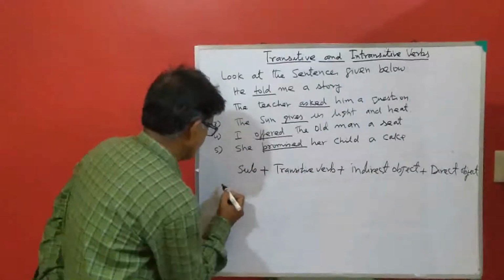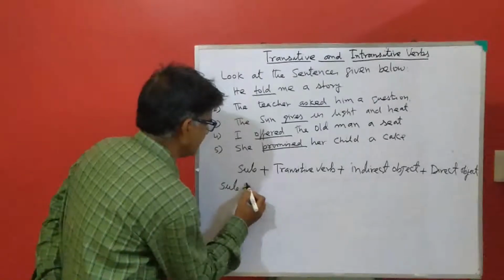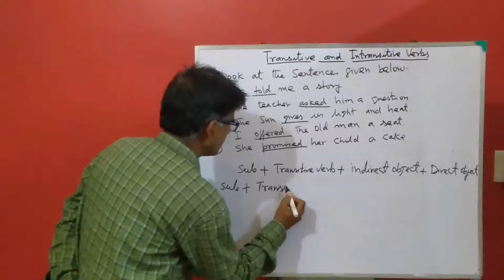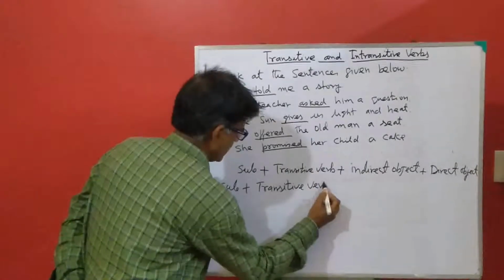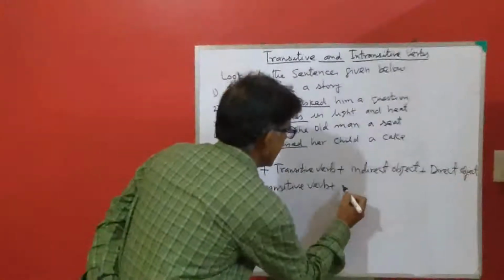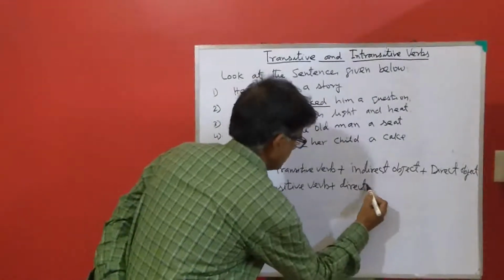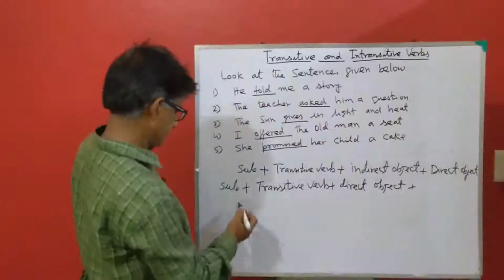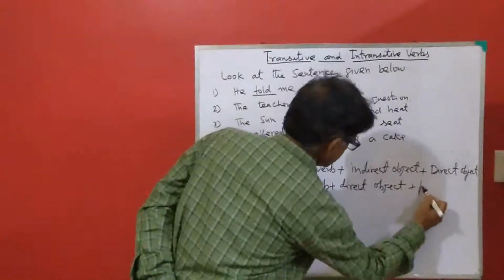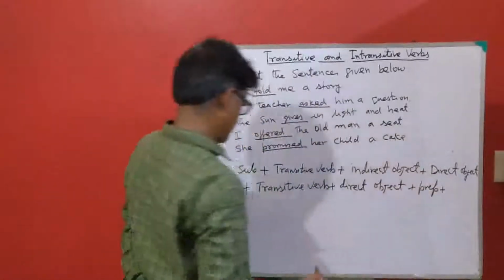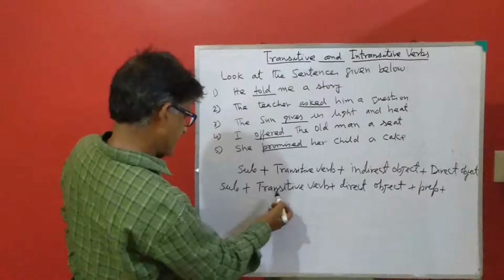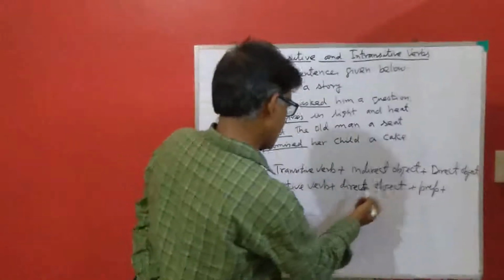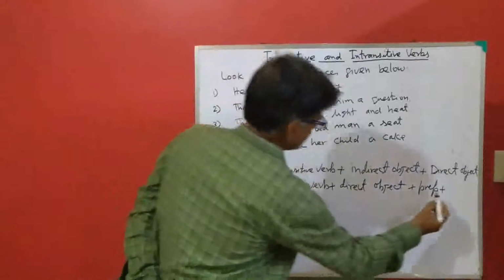For example, you can write the sentence structure in this way: subject plus transitive verb plus direct object plus preposition plus indirect object.